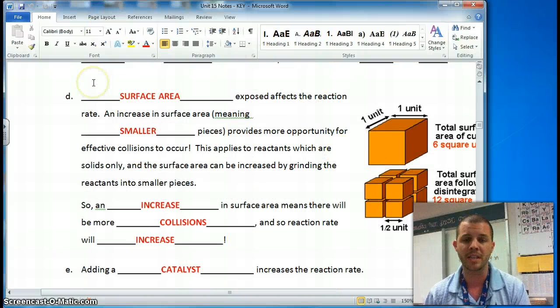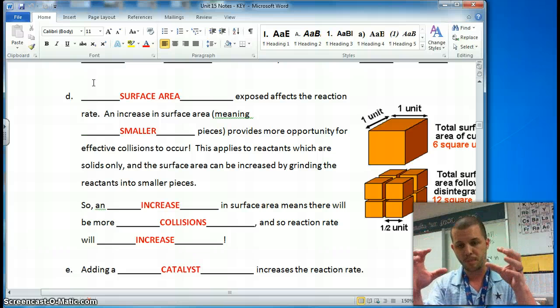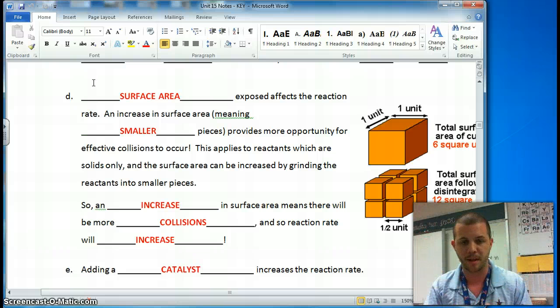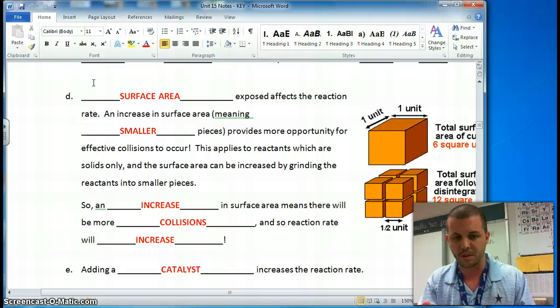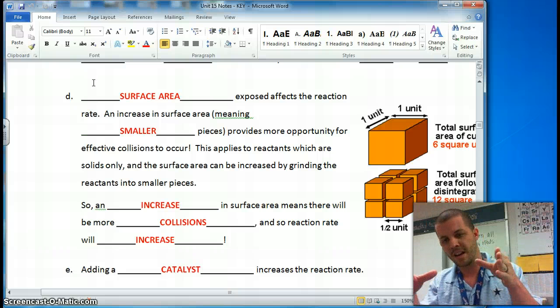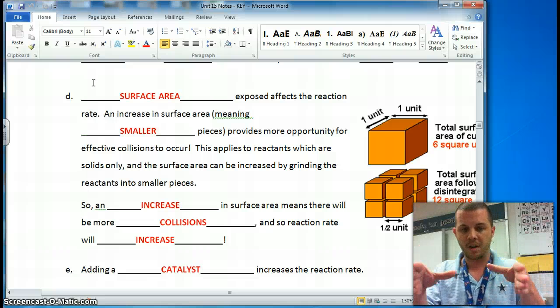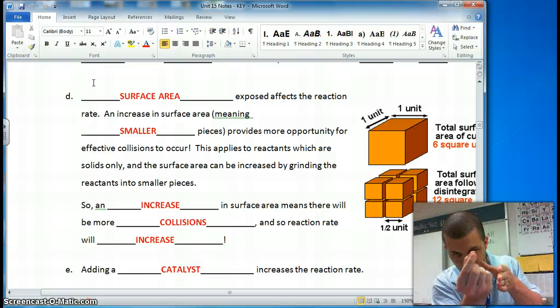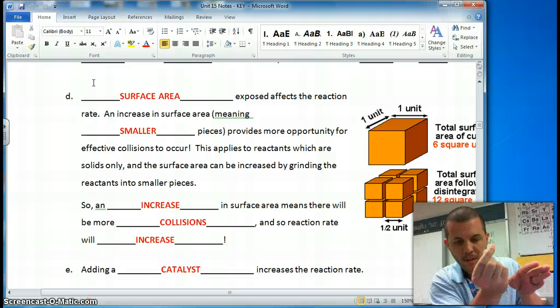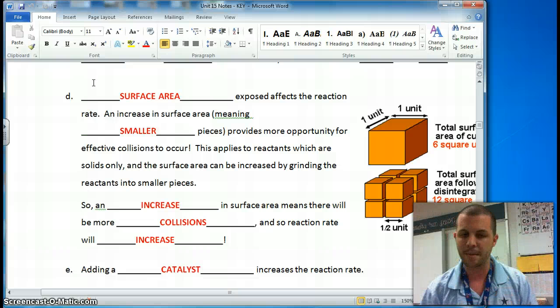So if you increase the surface area, there's more spots where the reaction can take place. I use the big giant salt crystal idea when we're in solutions about, well, if you've got a big giant square piece of salt, how long is it going to take for the piece of salt way in the middle, that last little formula unit way in the middle, to dissolve?